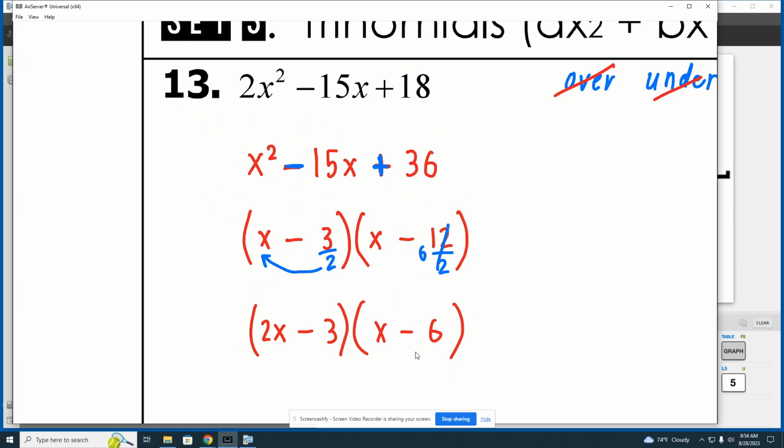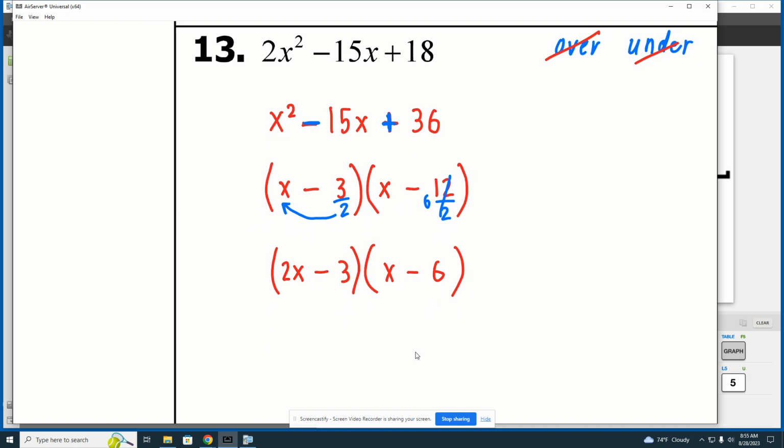Is there a connection between those factors and my solutions? What did we say the solutions were? 1.5. And do you see the connection? How could I turn 2x minus 3 into 1.5?